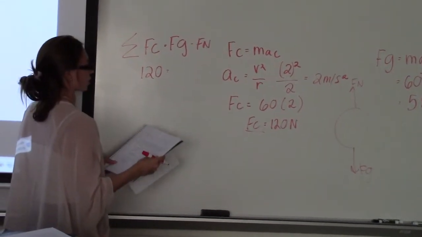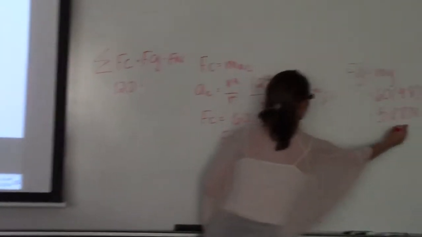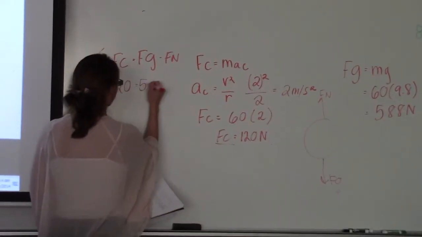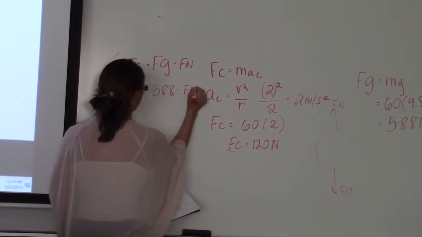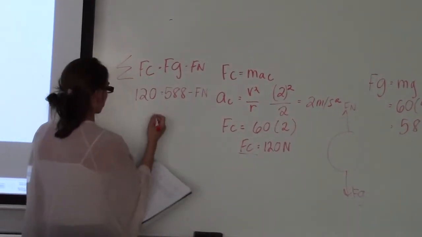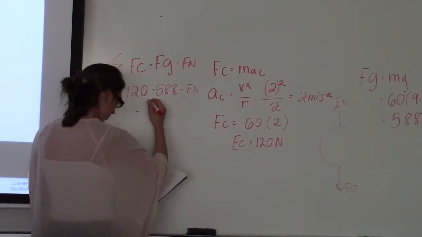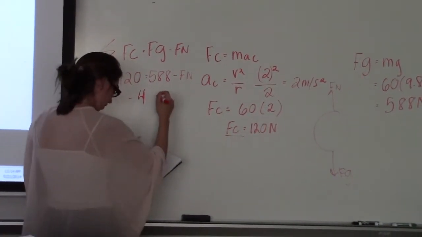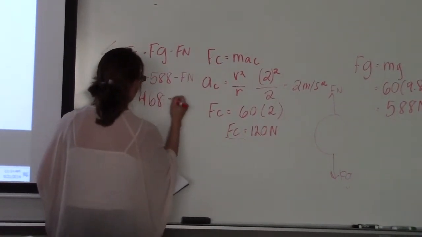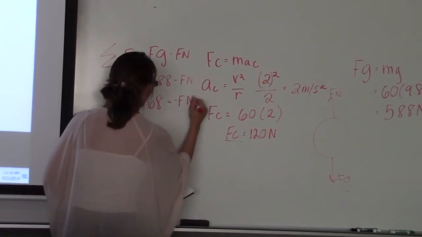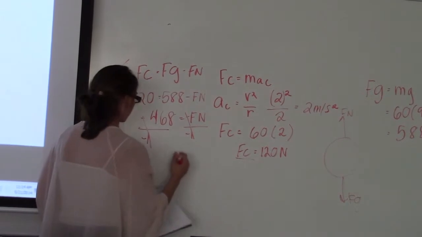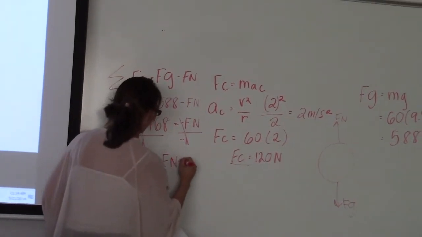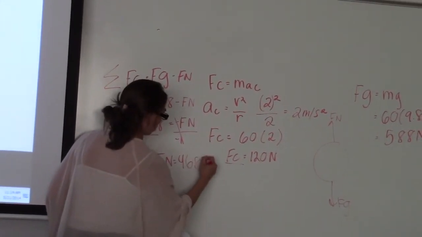And we know what Fg is, because we solved it over here, 588. And then we are solving for Fn. So it's going to be negative 468 equals negative Fn. And then just divide by -1 to make it positive, and Fn equals 468 newtons.